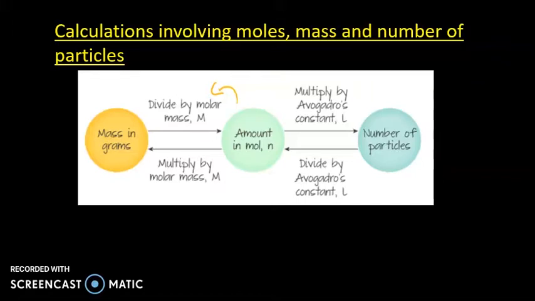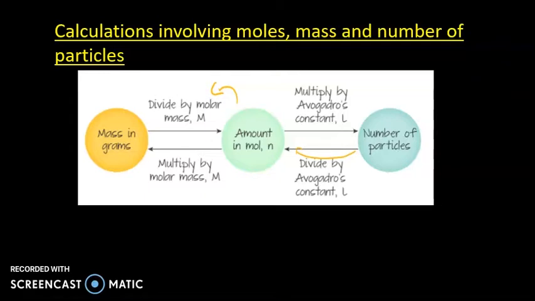And the second route is from right to left, which is going from number of particles to amount in mole. So for that to happen, you have to divide the number of particles by the Avogadro constant to give you the amount in mole. From there, you can multiply the amount in moles by the molar mass to give you the mass in grams.